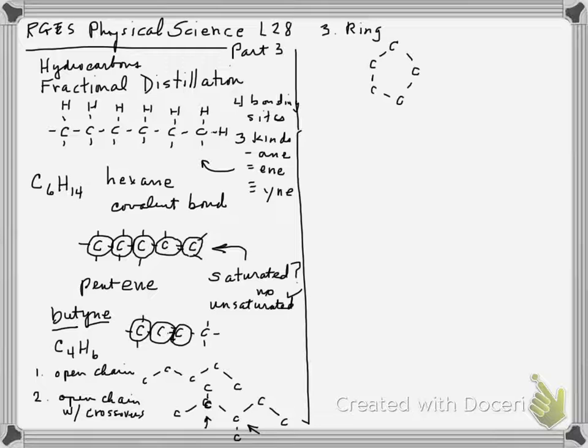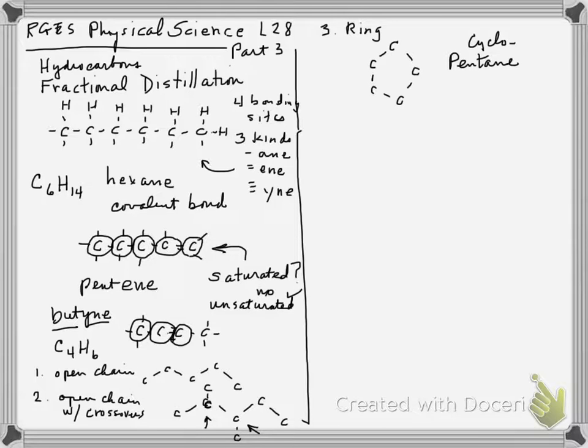And so whenever you see a ring, you would say the number of carbons comes first. So you'd say pent. There's 5 carbons. This would be pentane. It's only got single bonds. But you'd call it cyclopentane. That's because it's in a ring structure.